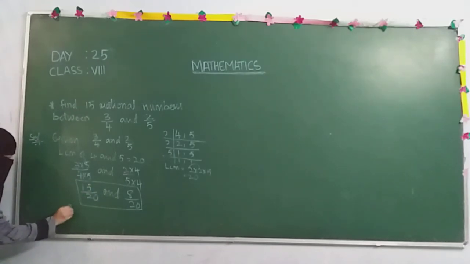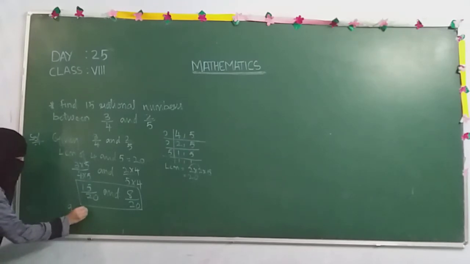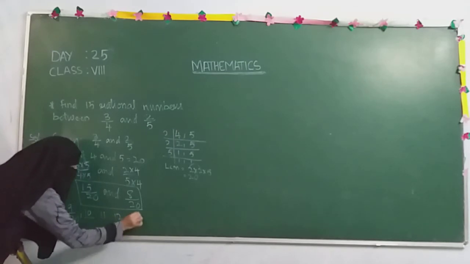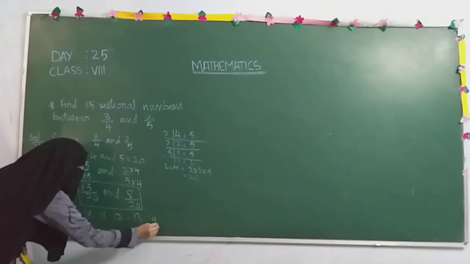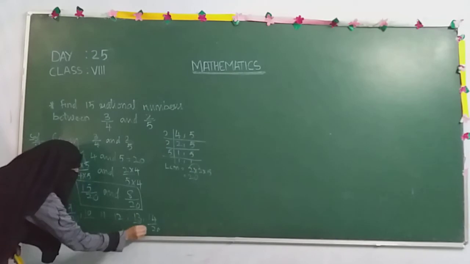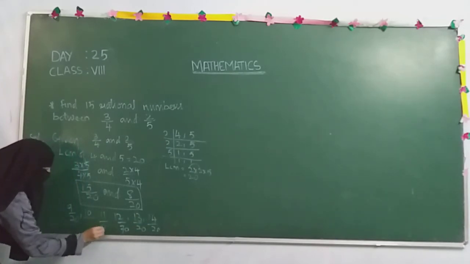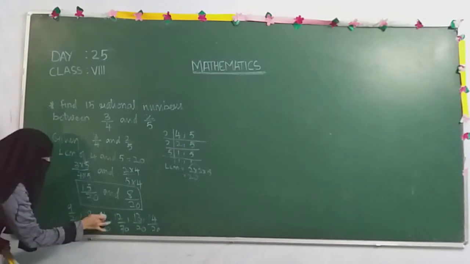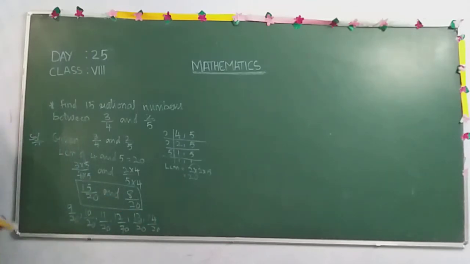So 8, 9 upon 20, 10, 11, 12, 13, 14 upon 20. 1, 2, 3, 4, 5, 6. Only 6 rational numbers are possible between 15 by 20 and 8 by 20. But in the question, we need to find 15 rational numbers.